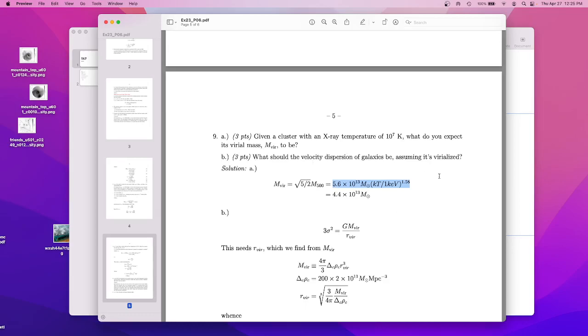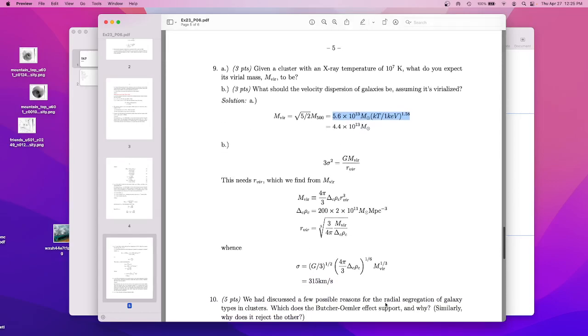And then what should the velocity dispersion of galaxies be, assuming it's virialized? You just use, again, sigma squared equals GM over r.